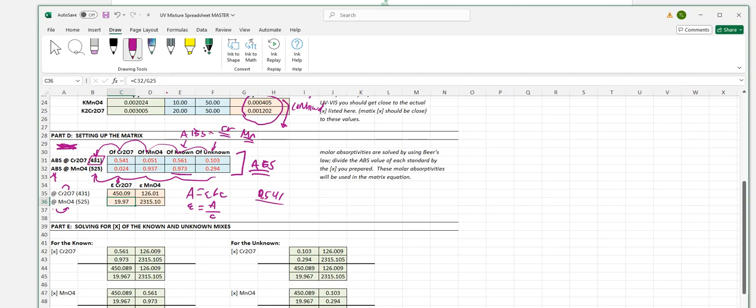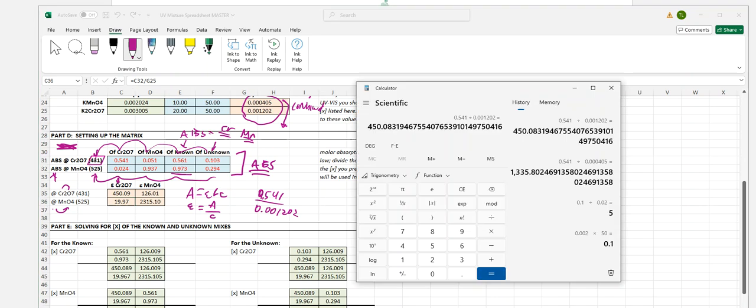So instead of dividing by 0.000405, we're going to divide by 0.001202. So I'm going to clear this out, take 0.541 divided by 0.001202, and hit equal. Ta-da! It is 450.08 or 09, and that is the molar absorptivity of chromium at chromium's wavelength.